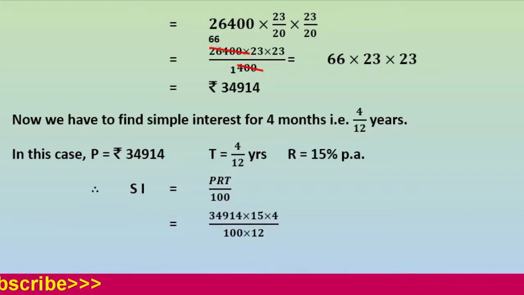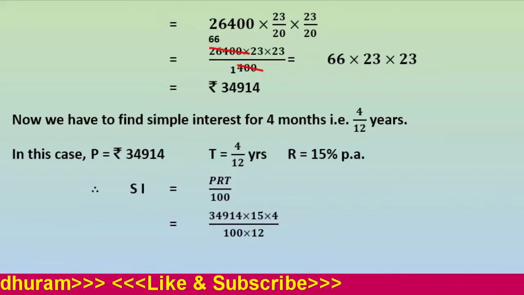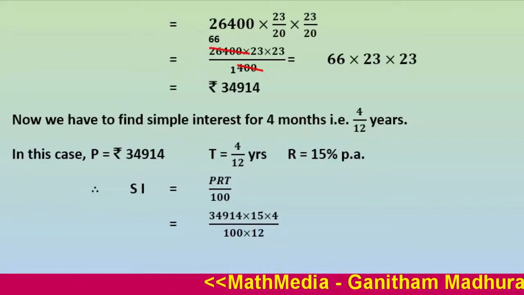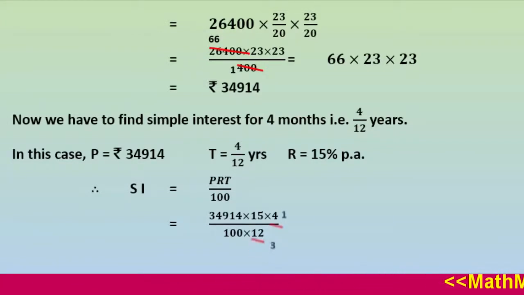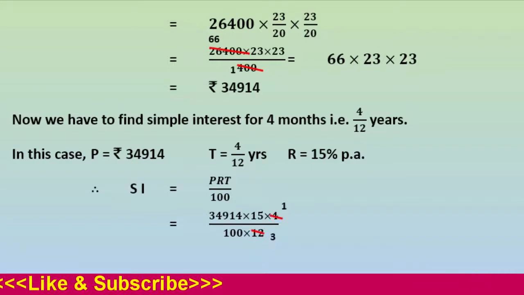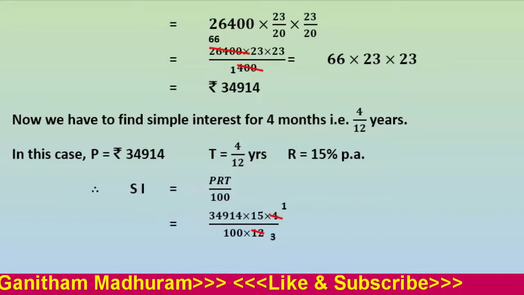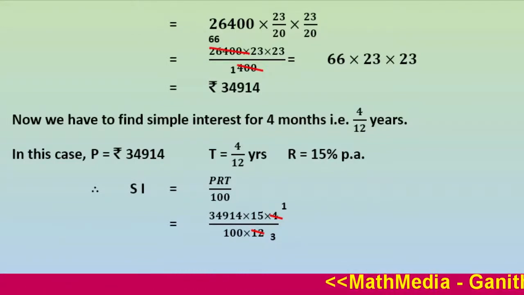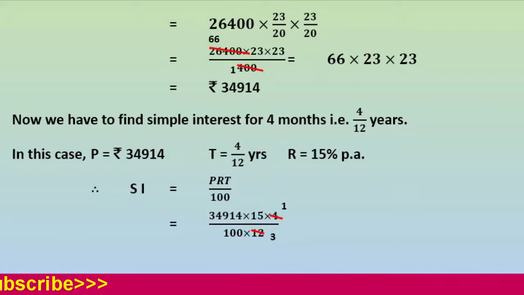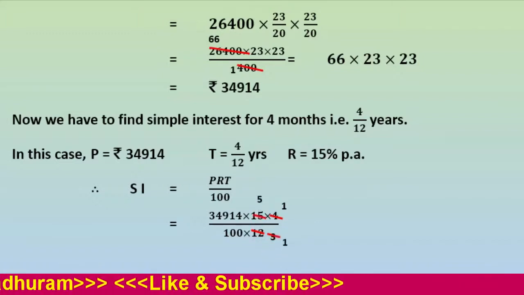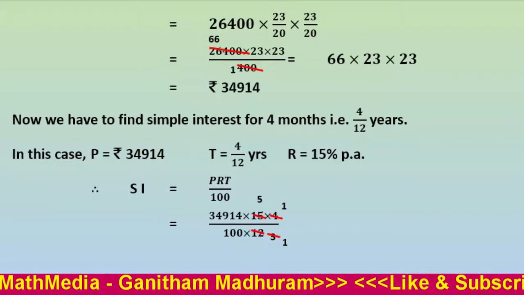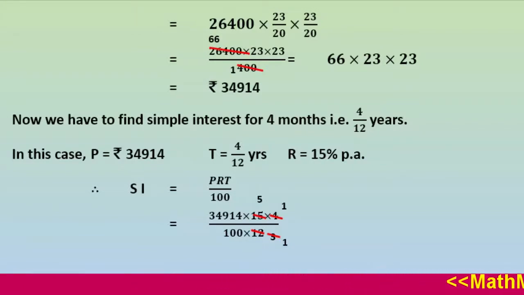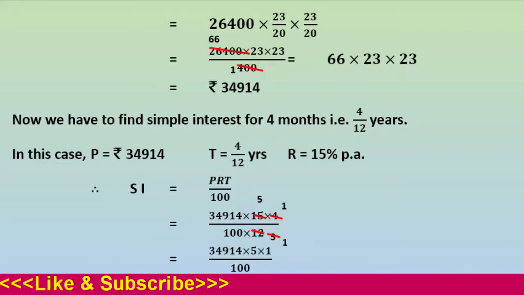So we get 34,914 multiplied by 15 into 4 whole divided by 100 into 12. After cancelling, we get the numerator as 34,914 into 15 into 1 upon 100 into 3. Again we can cancel 3 and 15. So the numerator becomes 34,914 into 5 whole divided by 100.